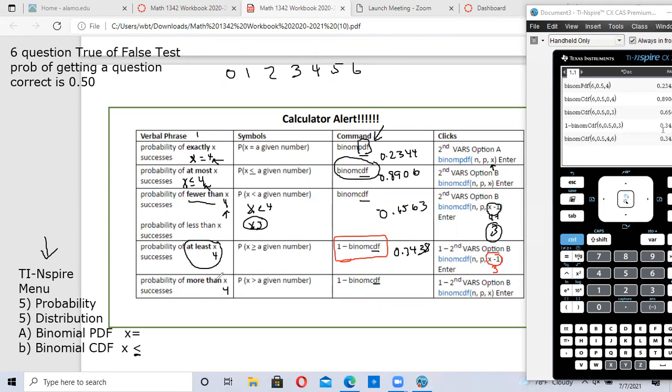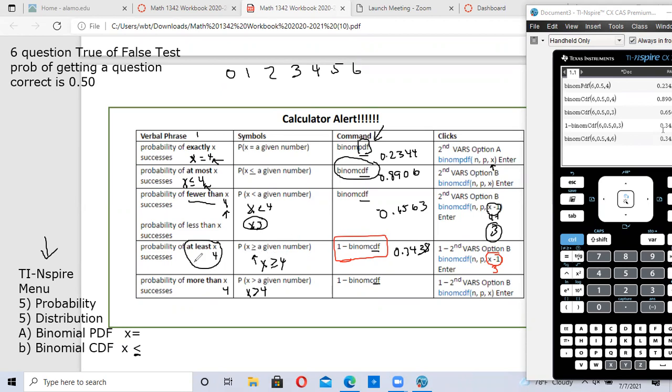So probability of more than 4. In other words, X is greater than 4. Numbers that are greater than 4, it doesn't say greater than or equal to like this one did. At least means 4 is part of it. This was X is greater than or equal to 4. This problem, at least 4, means X is greater than or equal to 4.